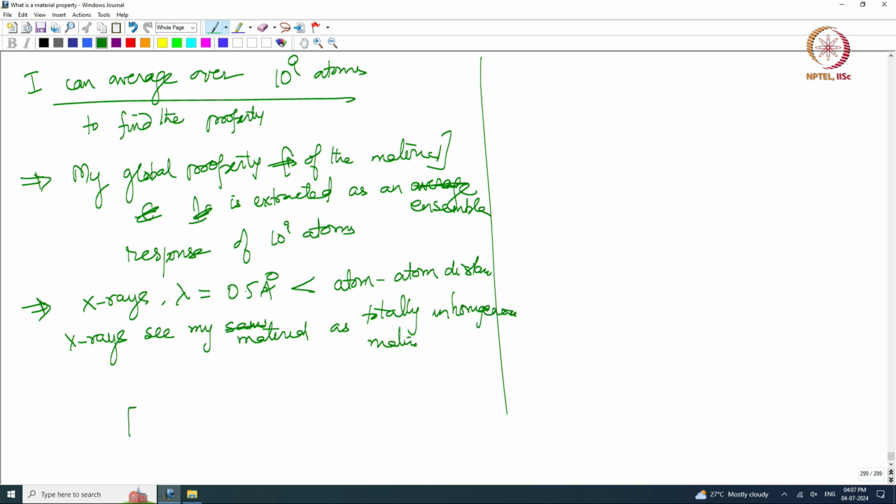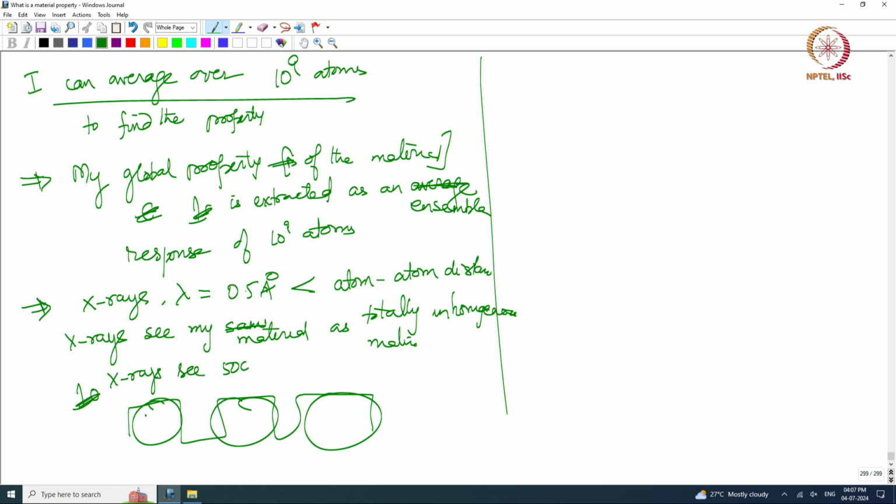They see all the atomic potentials I have: this is one atom, this is second atom, this is third atom. They see every individual atom separately, they do not see all of them together. They do not see that as one material, they see them as 10 power 9 different materials. So X-rays see a 500 nanometer region as 10 power 9 different materials.